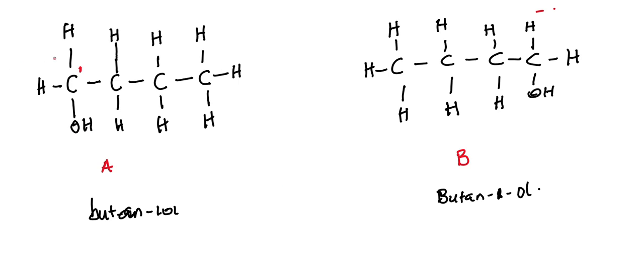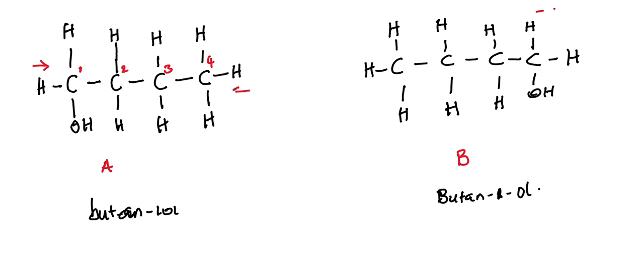Okay, so when you number, you try to number from both sides, and you take the side that gives you the least number, where the position of the functional group is the least number. So if we are numbering from this side, for example, we have 1, and this is carbon number 2, carbon number 3, carbon number 4.